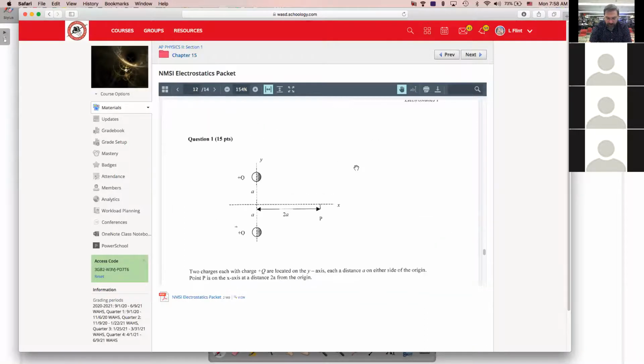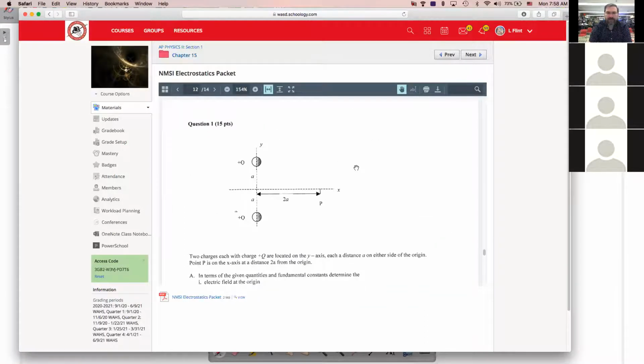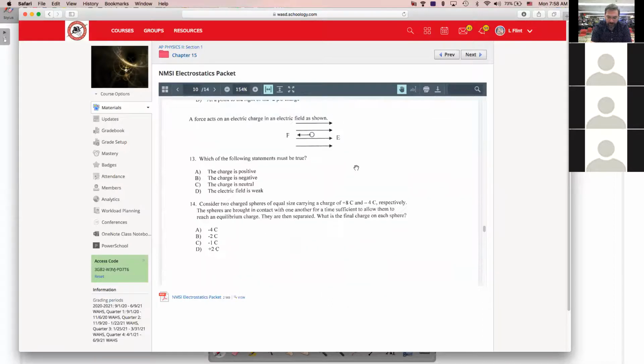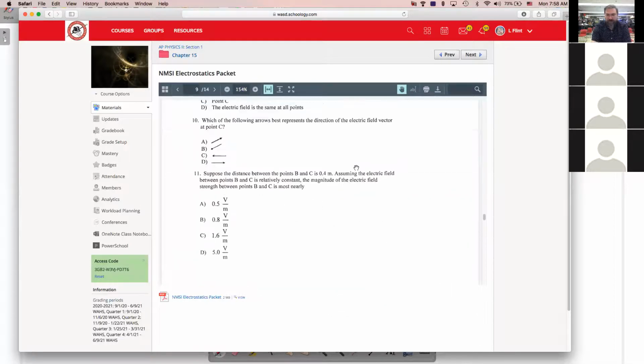The chance of there being an open-ended problem related to fields and forces is not particularly large on the AP exam, but for the conceptual questions and multiple choice questions, there's a much greater probability. If there's going to be something about electric fields and forces in the open-ended part, it's probably going to be part of a problem related to capacitors or electric circuits in some way, which is what we're going to study pretty soon.